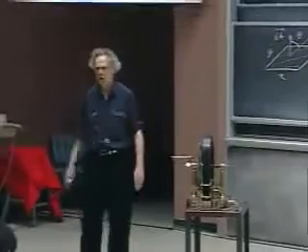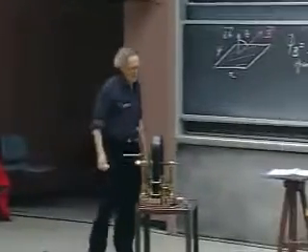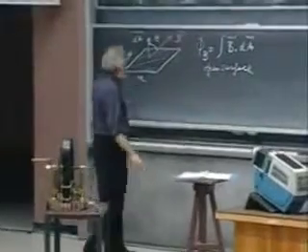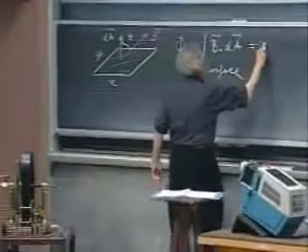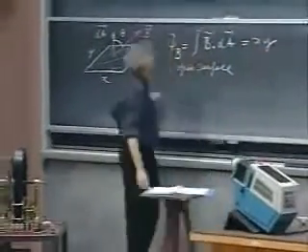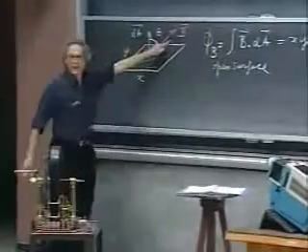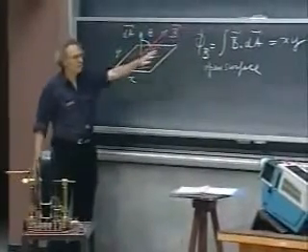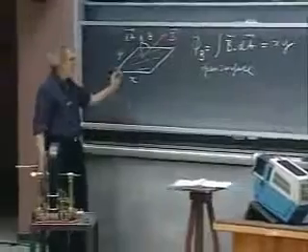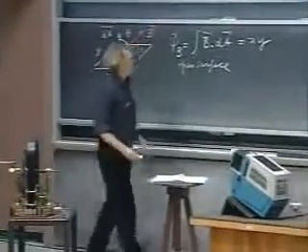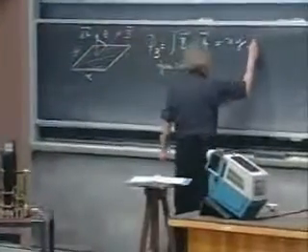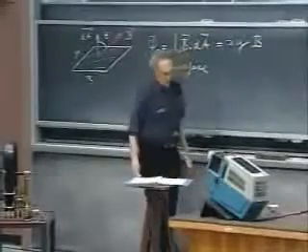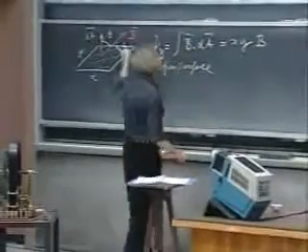Flux has no direction. So the flux in this case would be xy, which is the area of this loop, since the magnetic field is uniform. That's a very easy integral. And then I get the magnetic field B, and then I get the cosine of the angle.